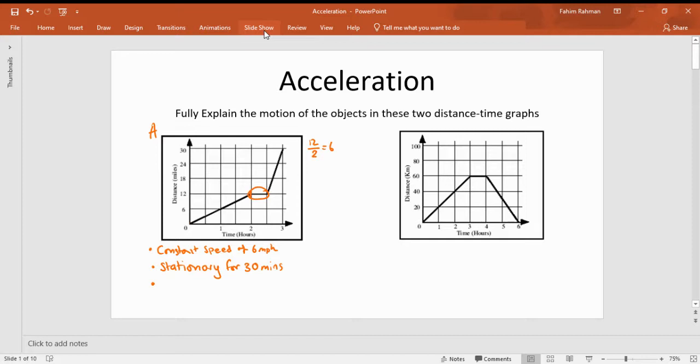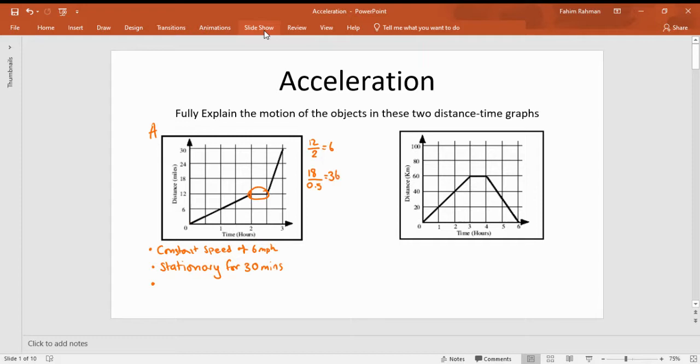And then finally, this last leg of the journey, we've got a distance traveled of 18 miles. So from 12 to 30, we've got 18 miles. Again, because it's a gradient, we know that it's a constant speed. And we're doing that over the course of half an hour. So 18 divided by 0.5. Anything divided by 0.5 is the same as times it by 2.